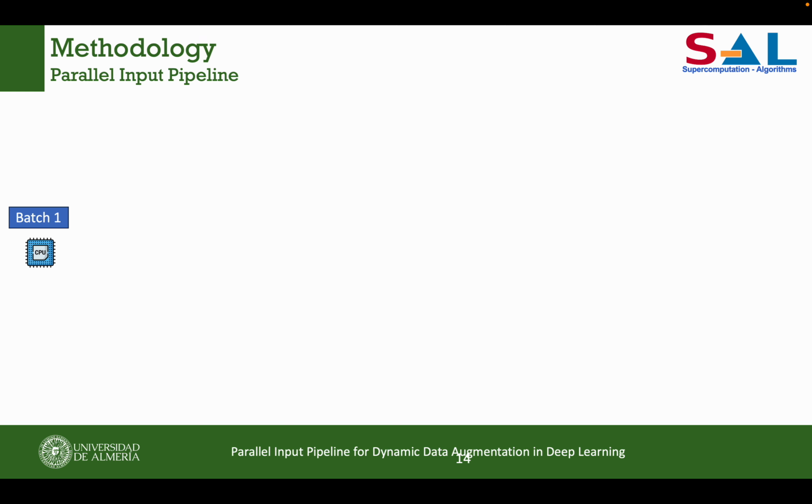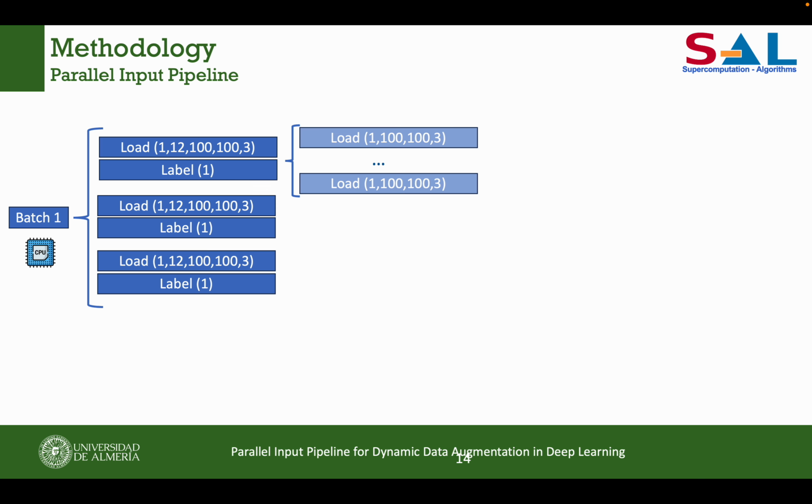What we have performed in parallel is dynamically loading the different items of the batch. So one core is processing one sequence. Once we have the 3 sequences, the model is trained. So the load of the sequences is performed in parallel.